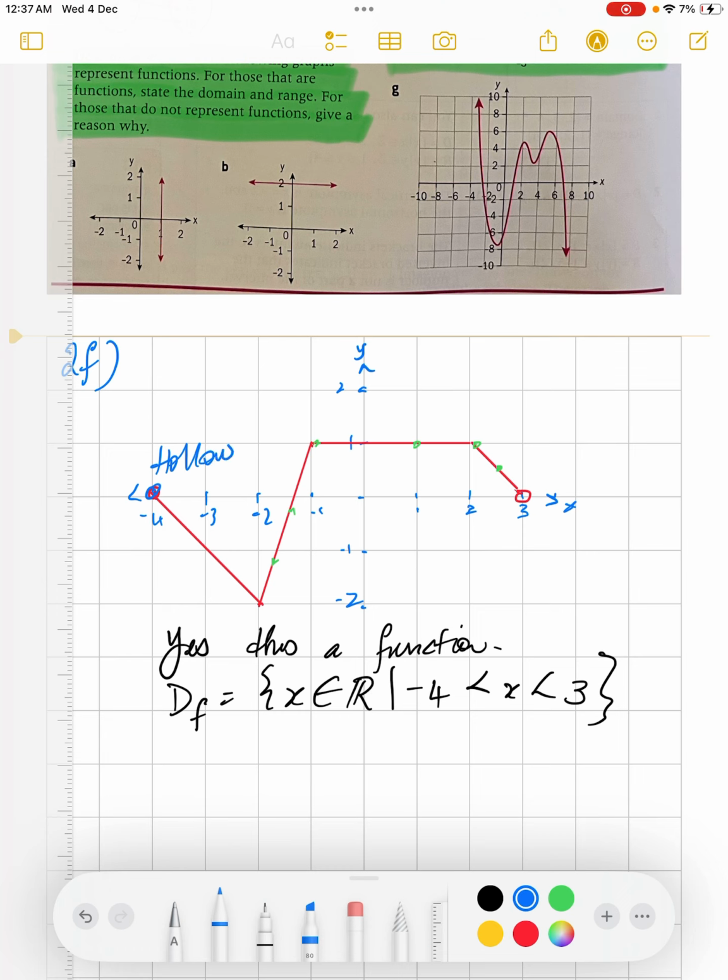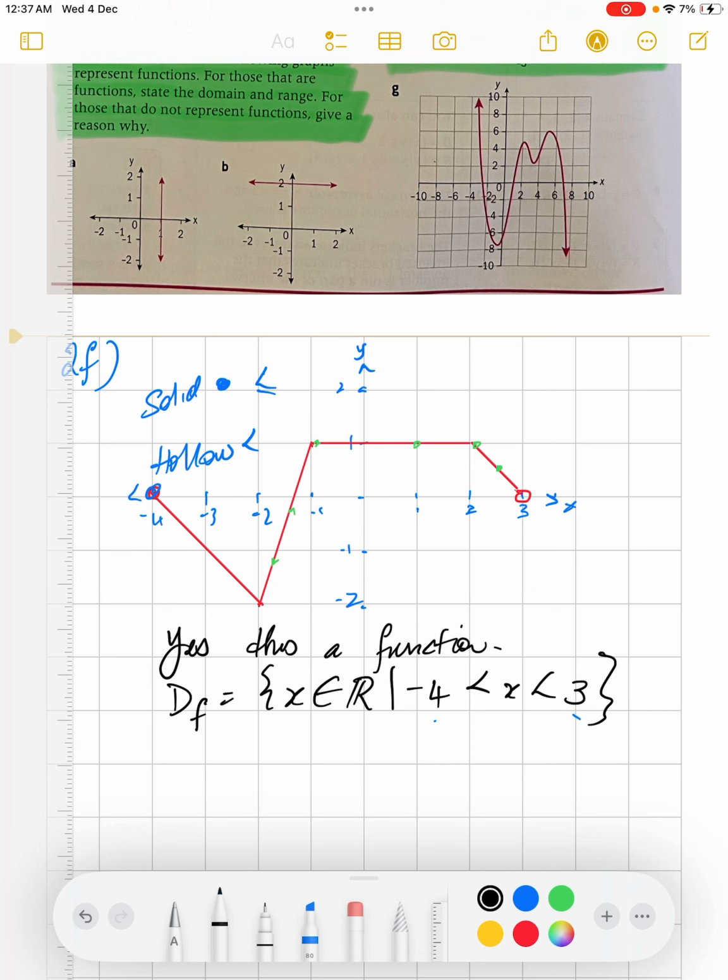If it's a hollow circle, we use that X is that point -4 is less than X, not less than or equal to. If it's a solid circle, colored in, we would use a less than or equal to, then we would say it also includes -4. So this doesn't include the -4, it doesn't include the 3.